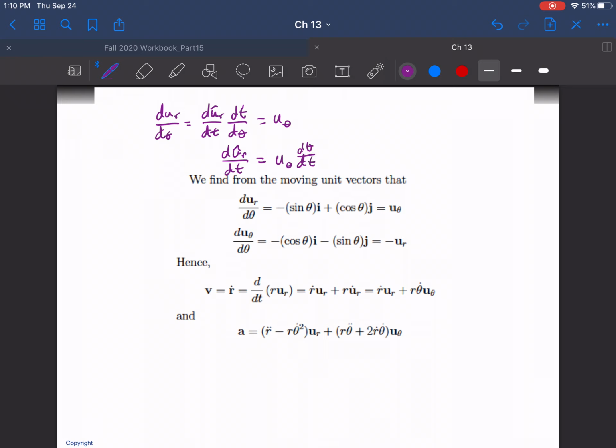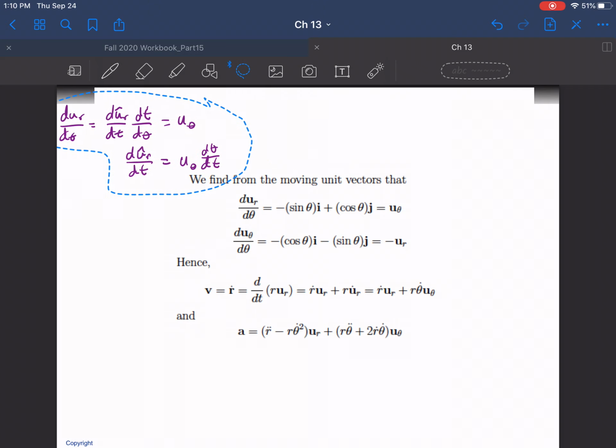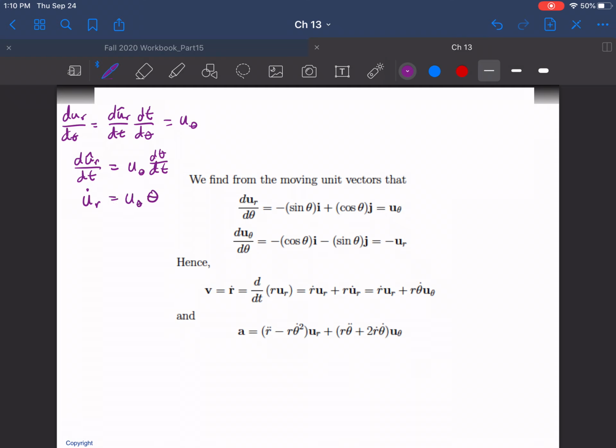And remember, whenever we do a time derivative, we can just write that as a dot. So let me move this over a little bit because we're going to need these results here in a minute. And so we can write this as u_r dot equals u theta times theta dot. Okay, so just like that.